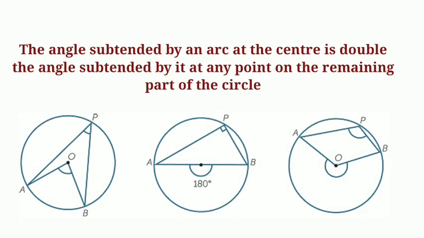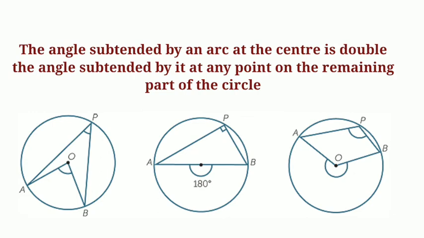The next theorem: the angle subtended by an arc at the center is double the angle subtended by it at any point on the remaining part of the circle. This theorem says that we have three cases. We can discuss them one by one. So the first case, the angle subtended by an arc.